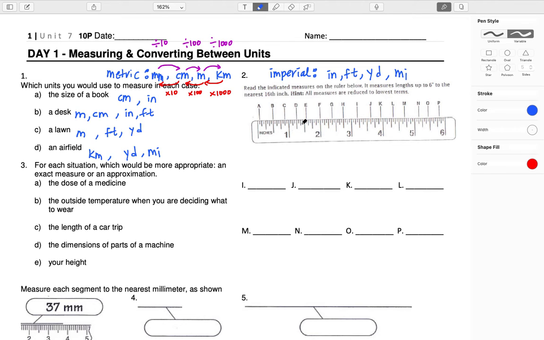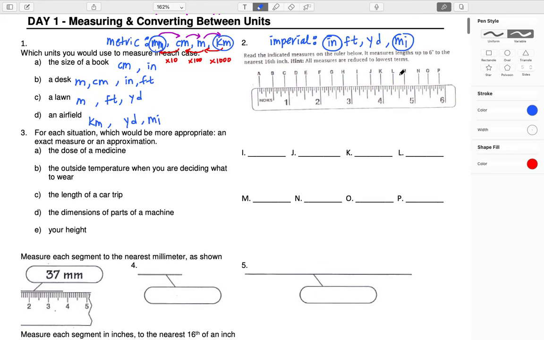Okay. So I want you to understand the degree of how big the unit is. You're always starting from small over here, millimeter, to kilometer, which is big. And for imperial, you are starting with inch, which is a small unit, and then the largest unit will be miles. Okay.